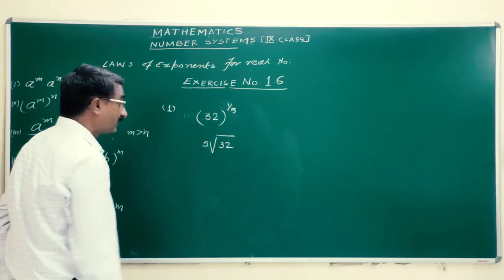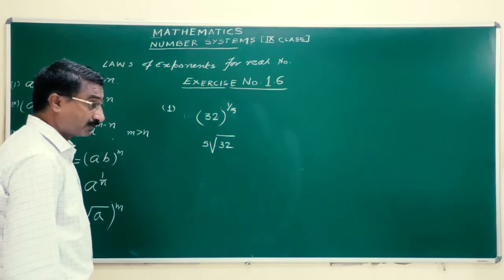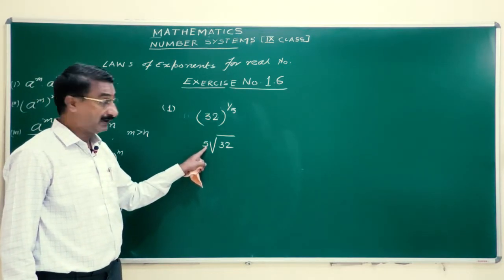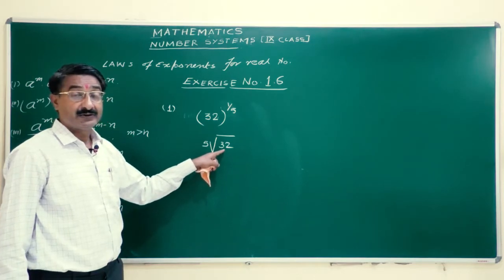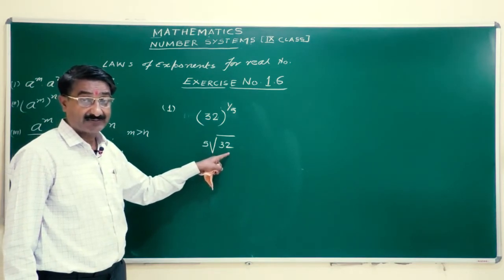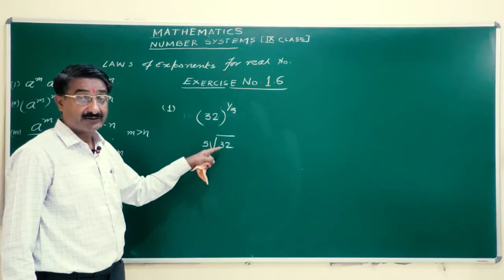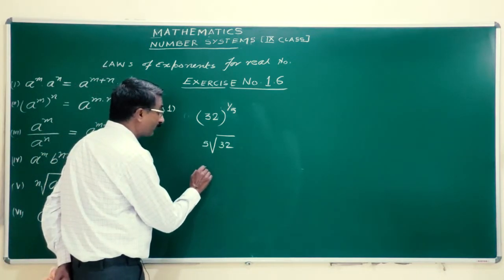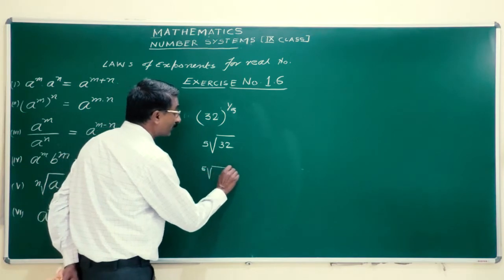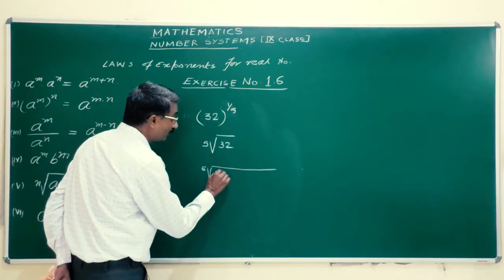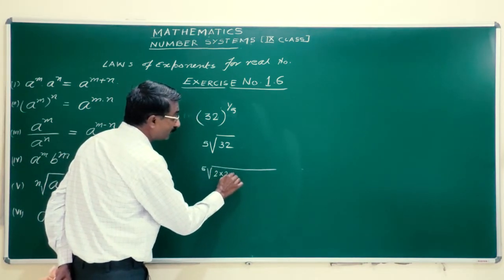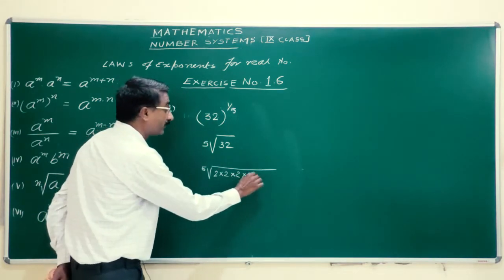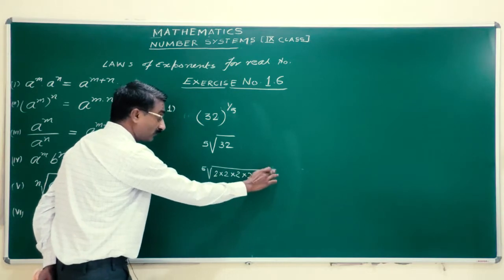Logically, 5 is there, which means some number which is multiplied 5 times under the root will be the answer. It means, under the 5th root, I can write 2 into 2 into 2 into 2 into 2. Clear? So one more time, this is 2.